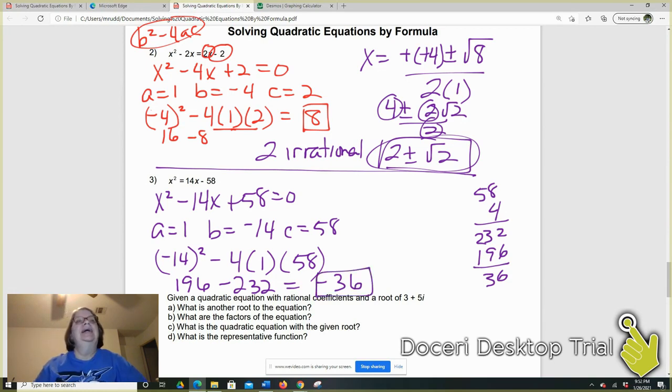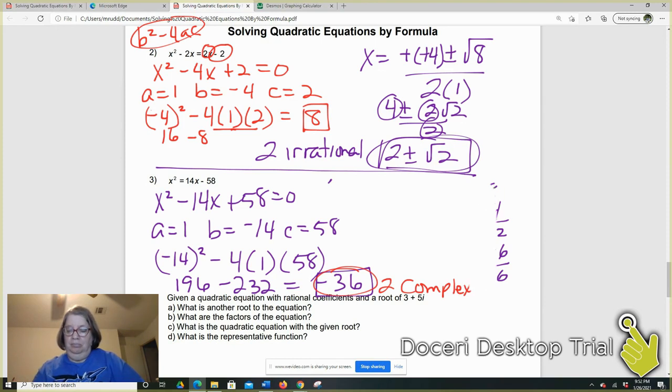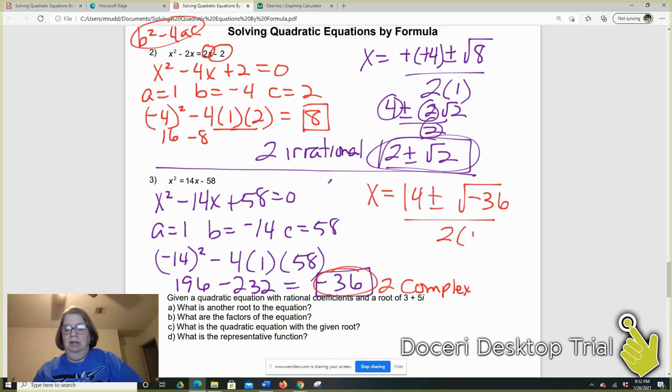When the discriminant's negative, we're going to have 2 complex roots. That means we're going to have an I in our answer because this discriminant's negative. Here we go. X equals negative b plus or minus the square root b squared minus 4ac over 2a.